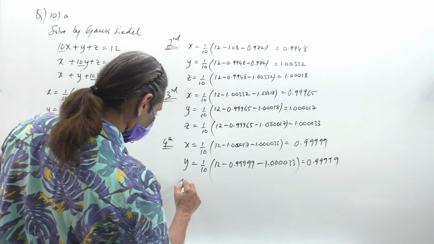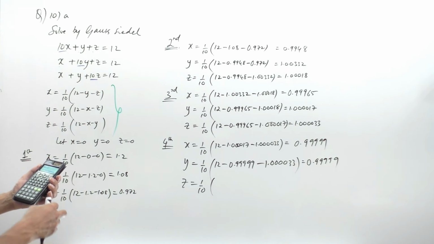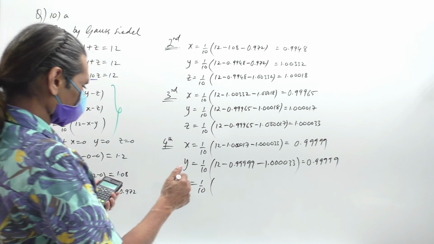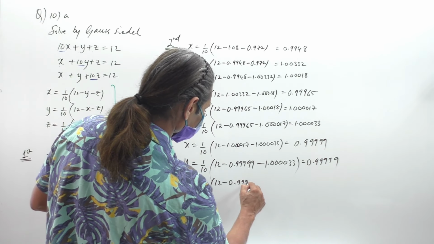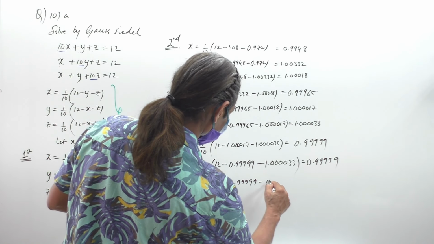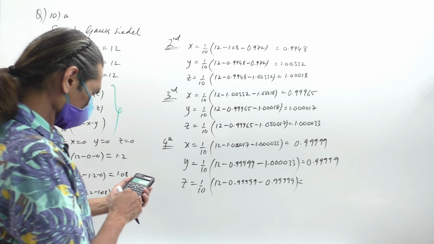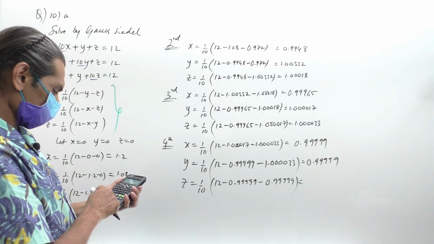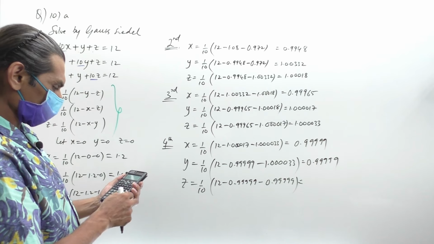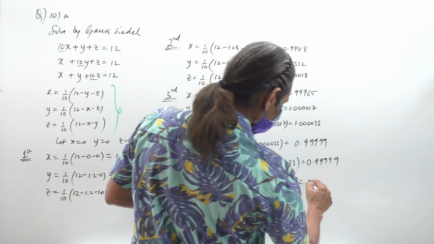Same thing. Lastly, z is equal to 1 by 10, it is 12 minus x minus y. So 12 minus x, minus y again. So this will be now 12 minus 0, minus, divided by 10, is equal to 1.2.